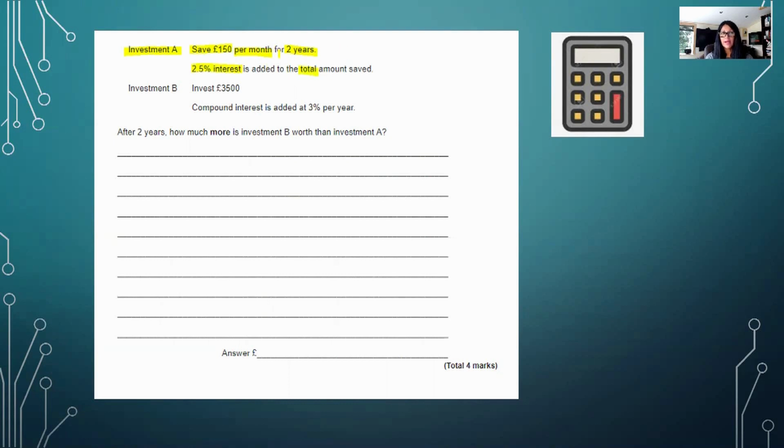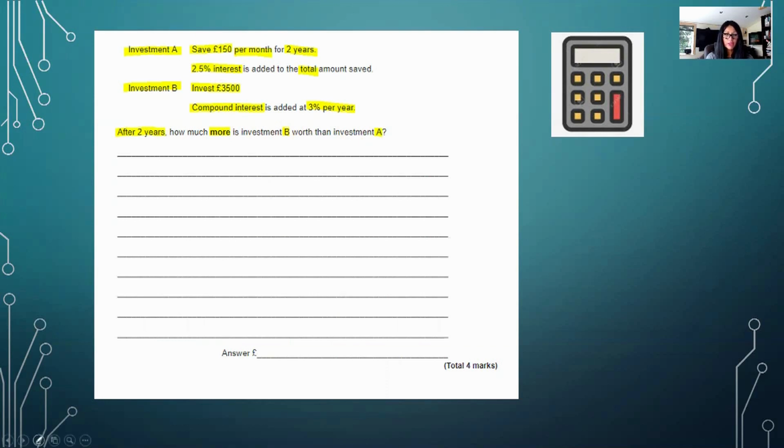So that's investment A. Then we have investment B, and this time we have £3,500 invested. And compound interest, we'll come back to that in a moment, is added at 3% per year. After 2 years, how much more is investment B worth than investment A?